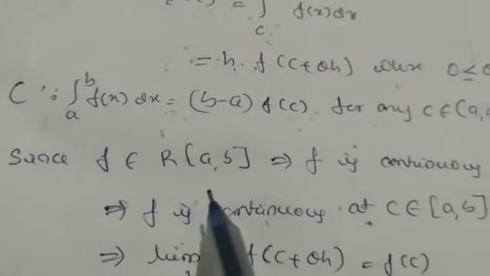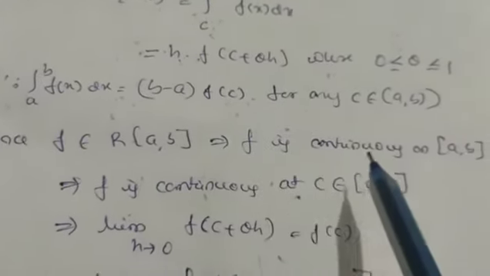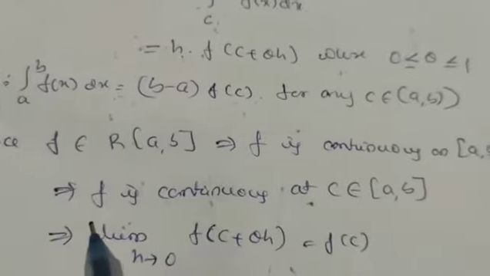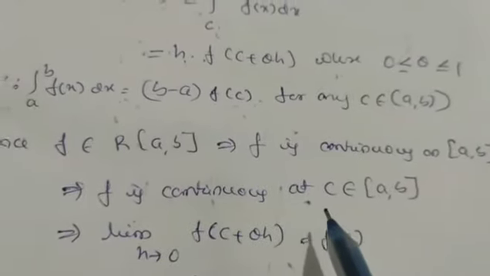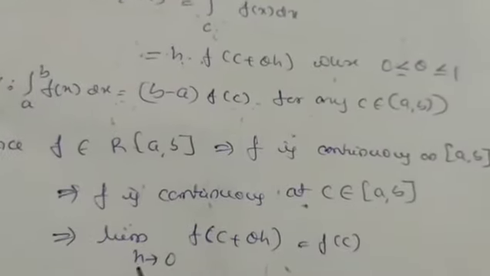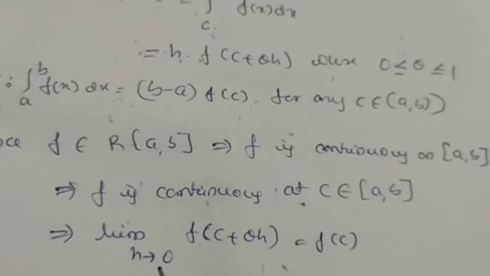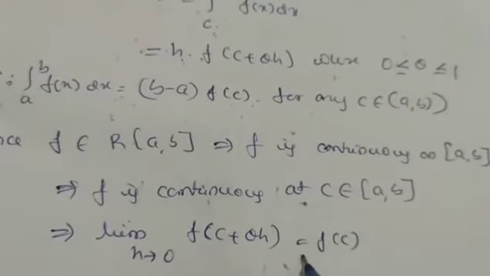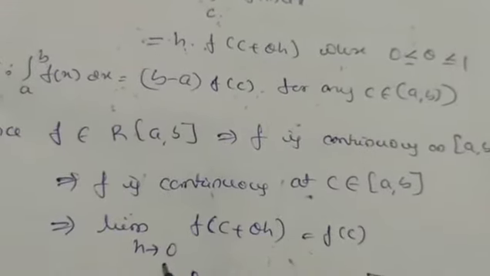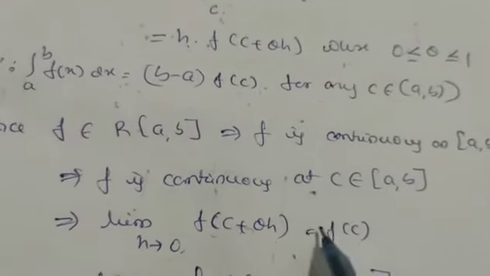Since f belongs to R of [a, b], this implies f is continuous on [a, b], and this implies f is continuous at c which belongs to [a, b]. That is, limit as h tends to 0, f of c plus theta h is equal to f of c, because h tends to 0. So it is simply f of c.